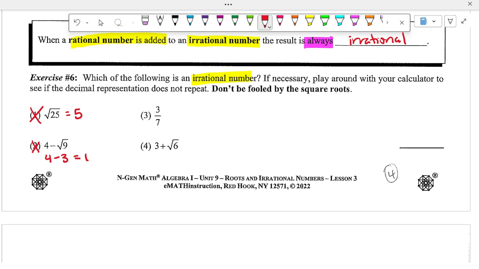So irrational numbers cannot be what? Fractions. So what can I eliminate? 3. So remember, irrational means not rational. And remember, the key word in rational is ratio, meaning fraction. So it cannot be a fraction. So 4 would give me an irrational number.